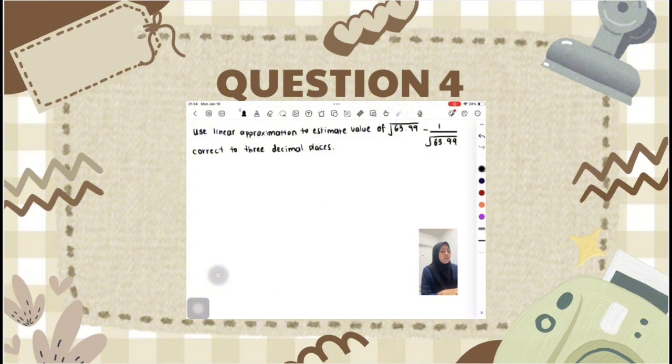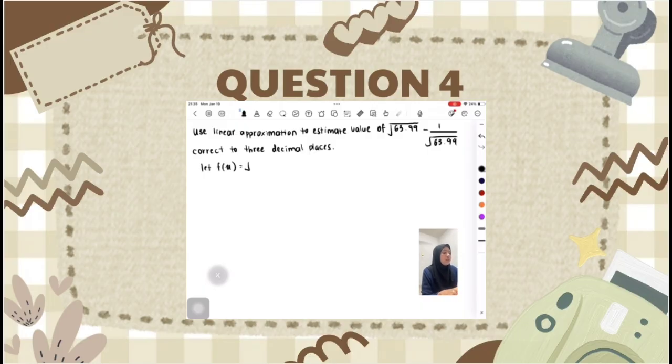The question asks to use linear approximation to estimate the value of square root of 63.99 minus 1 over square root of 63.99. First, I'm going to define the function where I replace 63.99 with x.